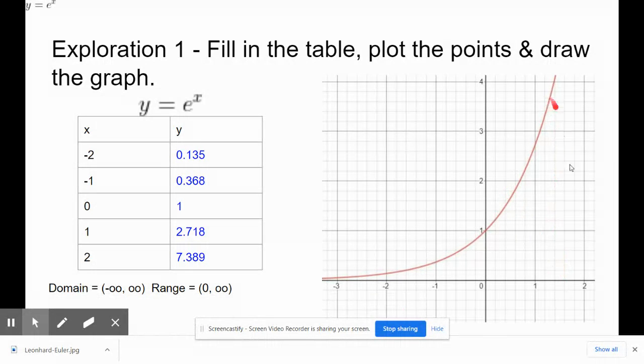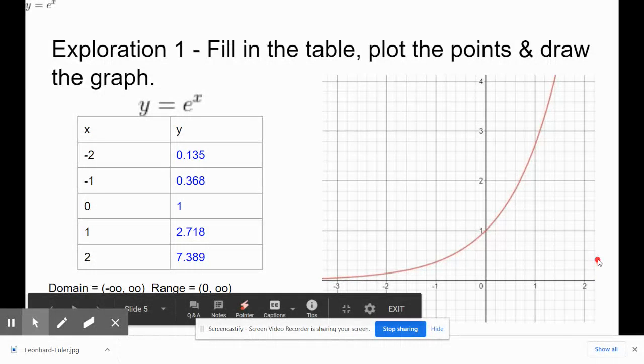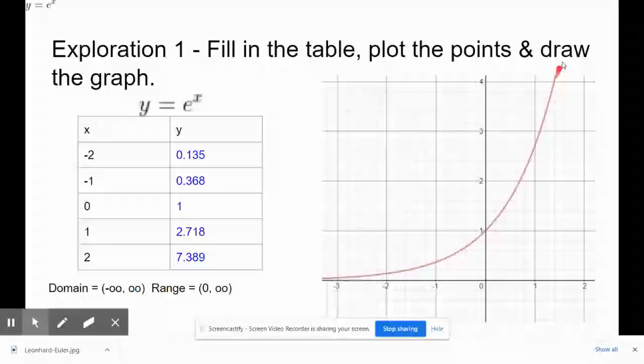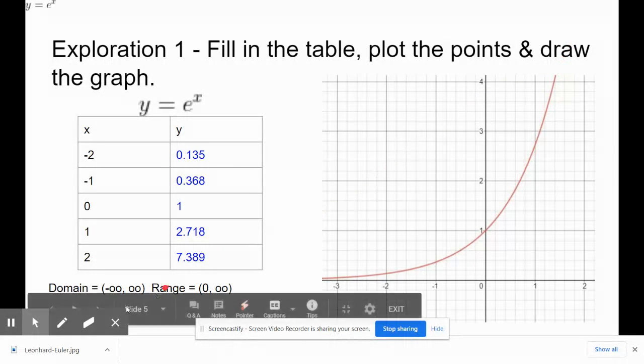Even as I get closer and closer to positive infinity, I'd have to look up quite a ways, but I would still see points because this continues to go up and out forever. So my domain is all real numbers, in other words, negative infinity to positive infinity. And the range is from 0 to infinity.